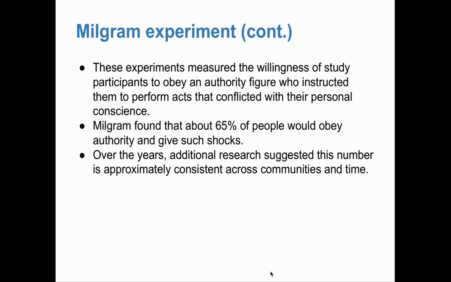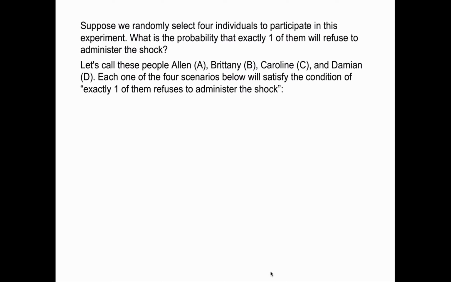About 65% of people would obey authority and give such shocks. Over the years, additional research suggested this number is approximately consistent across communities and time. So, suppose we randomly select 4 individuals to participate in this experiment. What is the probability that exactly one of them will refuse to administer the shock?